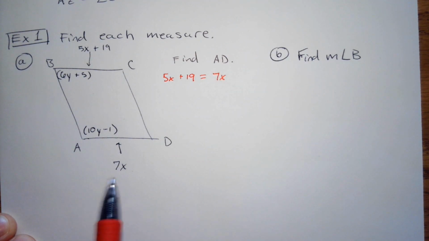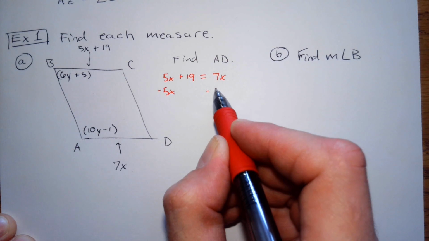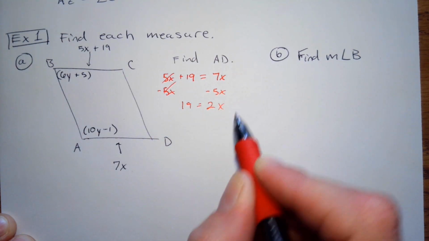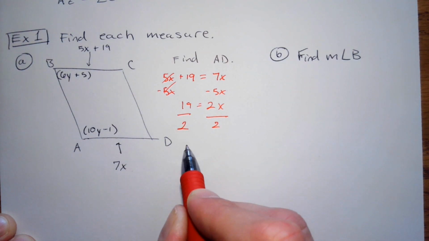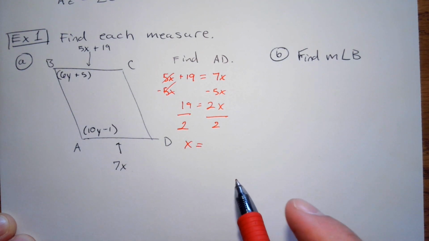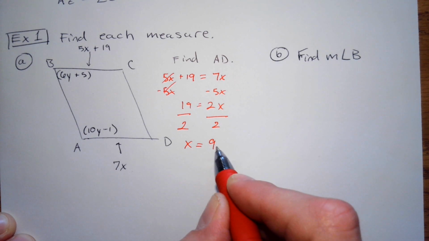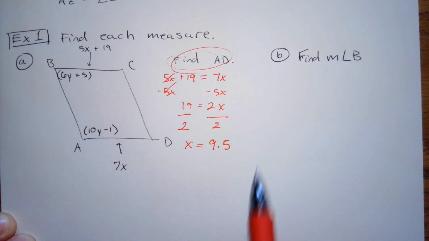Those side lengths are going to be the same. So set them equal. Subtract 5x from both sides. 19 equals 2x. Divide by 2. X equals 9.5.